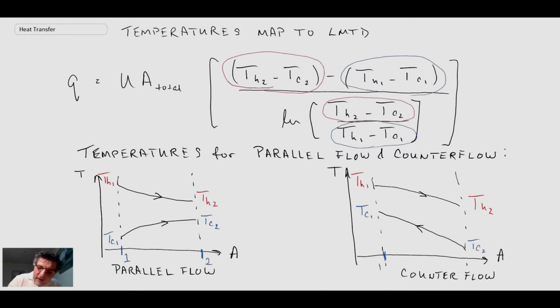Again here, that is location 1, location 2, and then the temperatures would either be hot or cold, and they would correspond. And so that's how you can get the temperatures that you would use within the LMTD expression as shown above. Now, this was derived for a double pipe heat exchanger, and so we do have to make a minor correction if we want to apply it to heat exchangers other than double pipe.